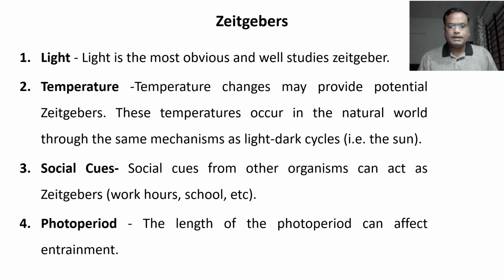Short photo periods and long photo periods are there. Even though not in animals, in plants you see the flowering plants, right? The flowering happens when the short photo period approaches, and some plants will show flowering when the long photo period approaches. Like this, photo period is also going to act like a gatekeeper.